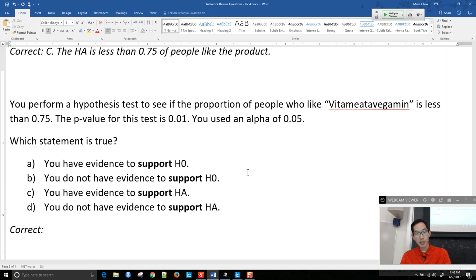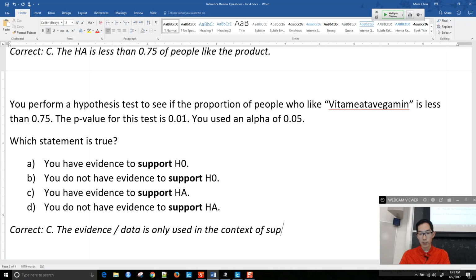When we're talking about supporting, we only talk about supporting the alternative. The correct answer choice here is C. The evidence, or our data, is only used in the context of supporting the alternative hypothesis.